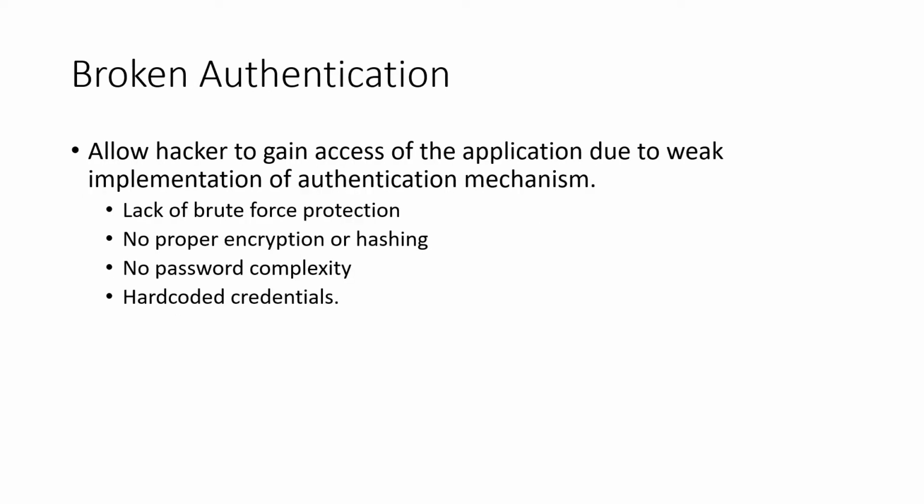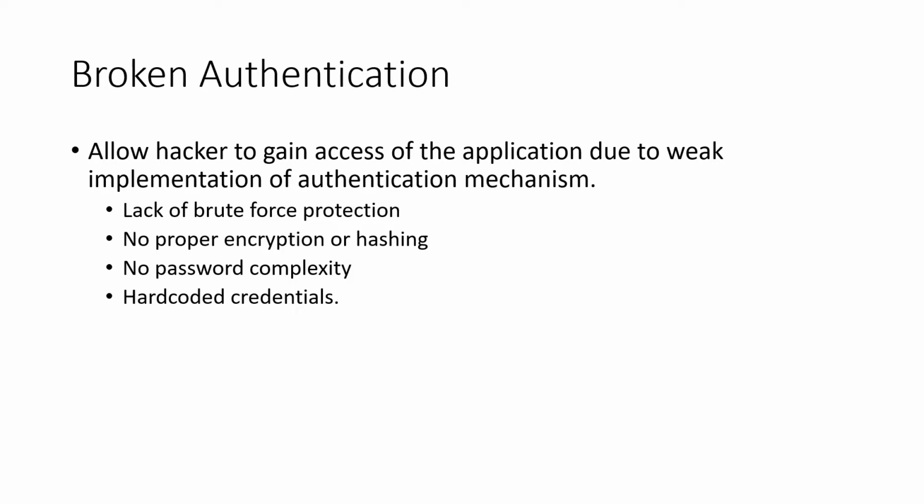Broken authentication is nothing but a weakness which allows hackers to gain access to the application. This happens due to a poorly implemented authentication process or poor design decisions. Sometimes we can allow a hacker to gain access to the application by simply performing a brute force attack, or if we do not implement a proper encryption or hashing mechanism.